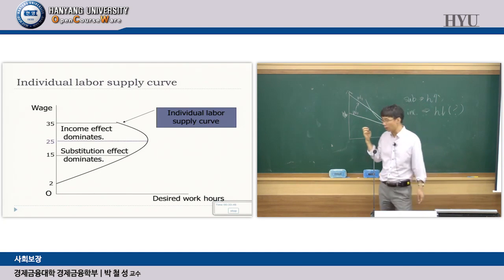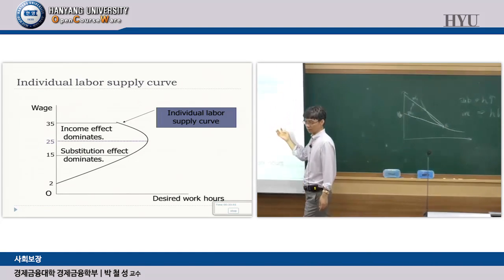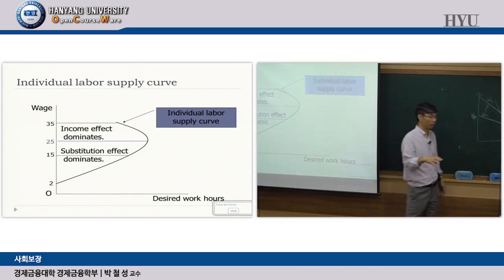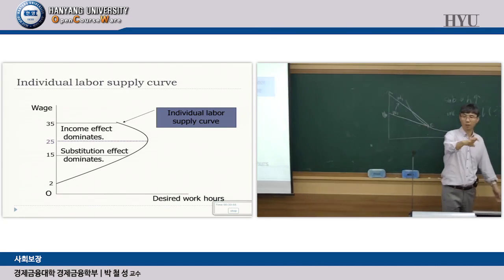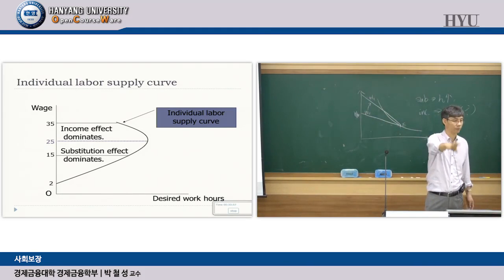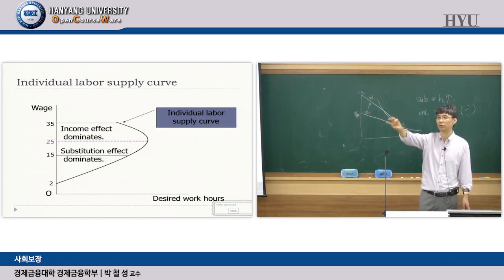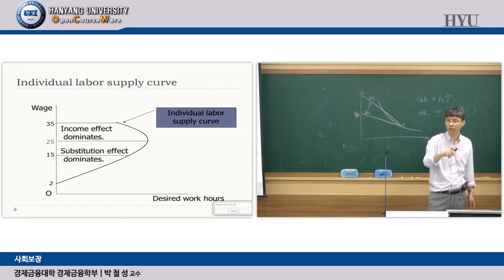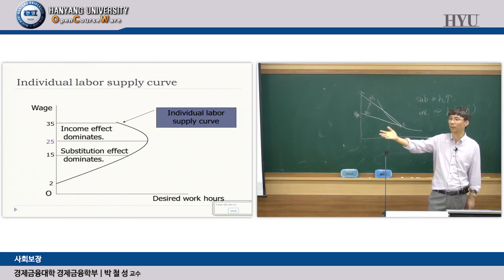So now, why did we study this? Later, what we are going to do is look at, let's say, social welfare programs or social insurance programs. Quite often, those programs will change the individual's budget constraint. For example, think of a social welfare program. Think about a lower income individual.